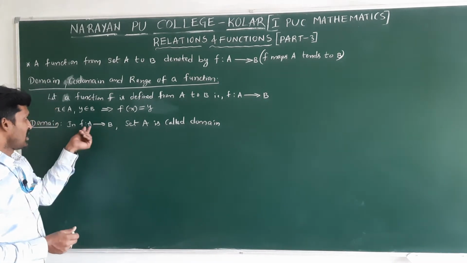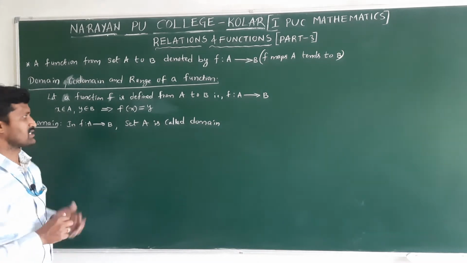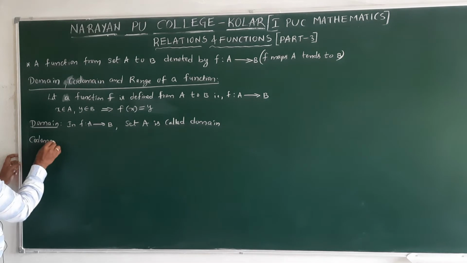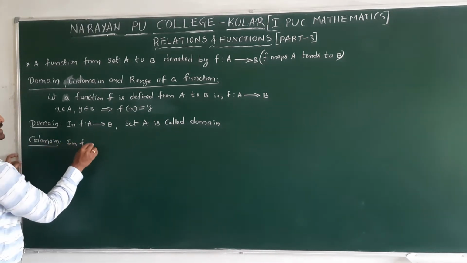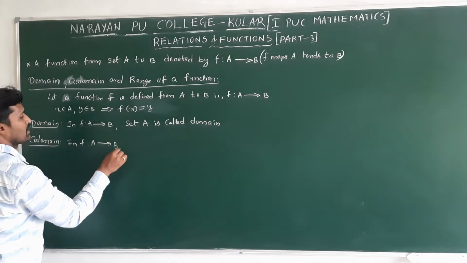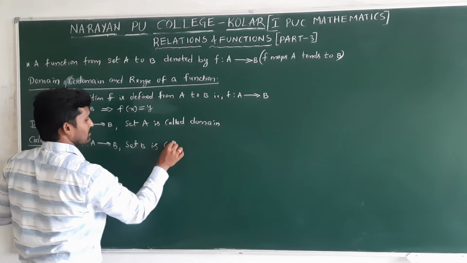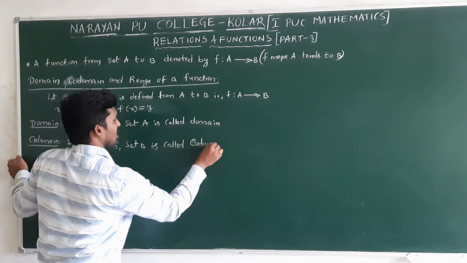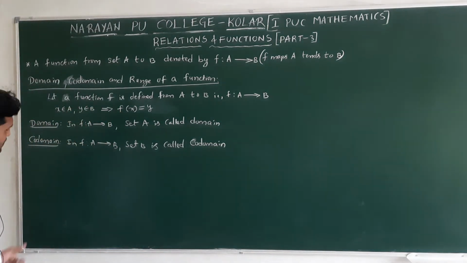So domain is the set of x values for which we always get finite values. Next, codomain. In f maps A to B, set B is called the codomain.